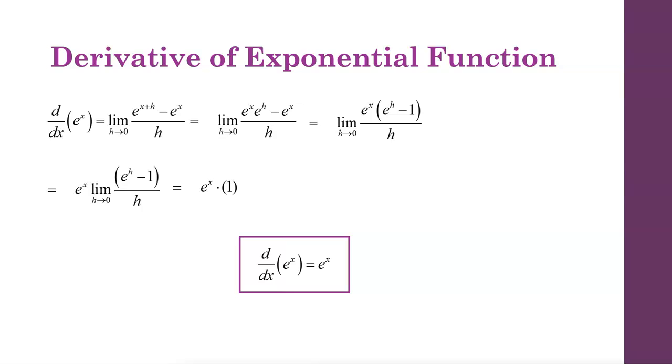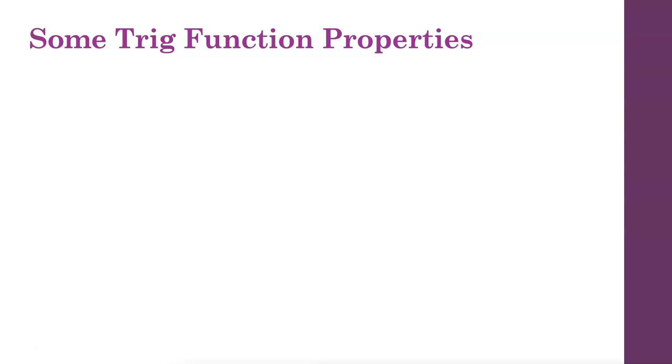Next, we would like to consider some trig functions. And before we go ahead and take the derivatives, again, a quick review of some trig function properties. The first one that we are going to need in our derivation is the formula for the sine of a sum.